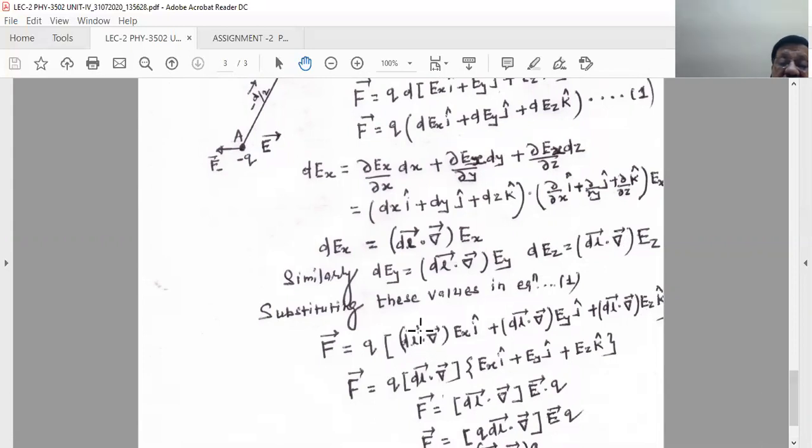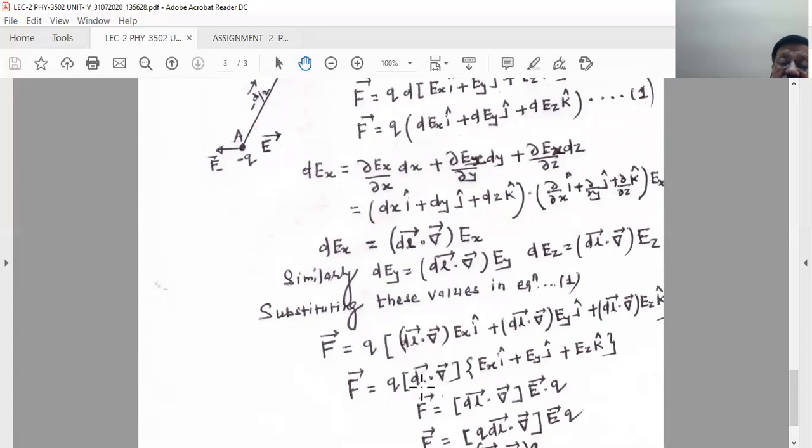Now you see the dl dot del operator is present here in every term, a scalar product of vector dl with del. So I can take this factor common. So I took this factor outside this bracket.